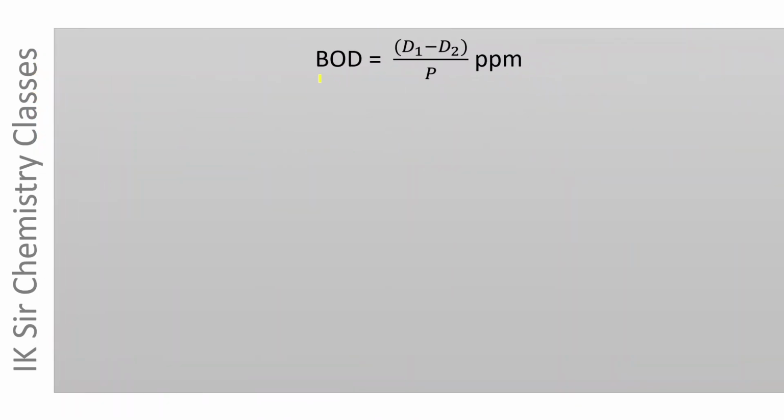Then the BOD, biological oxygen demand, is calculated using the relationship (D1 minus D2) by P ppm.